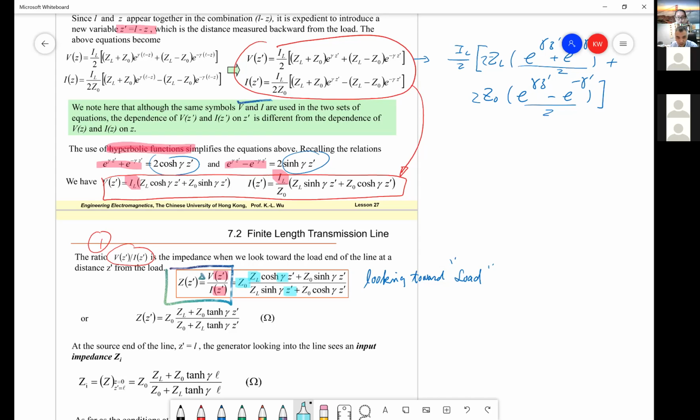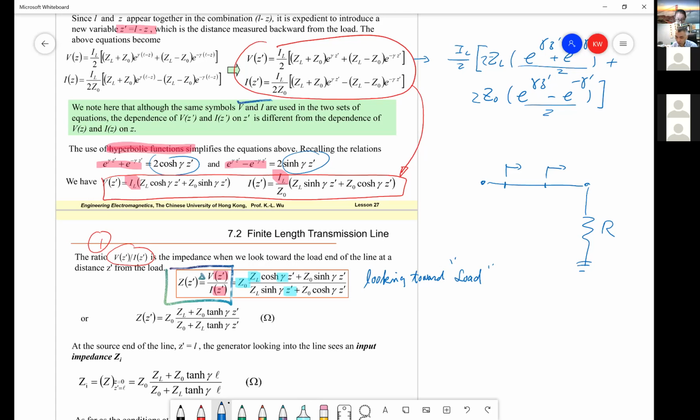If we have two nodes and a conducting wire, the impedance is the same whether you look from here or from there.